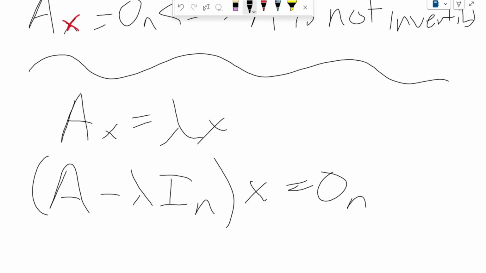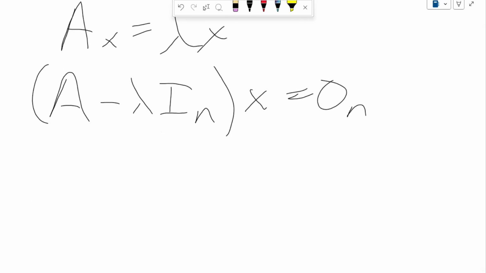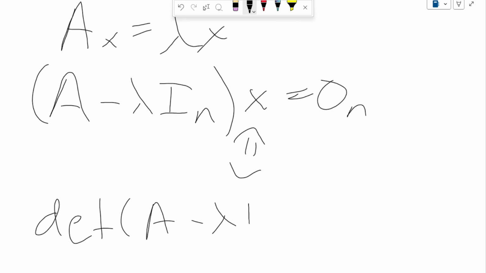But remember, we just showed that the determinant can be used to determine, that's why it's called the determinant, if the null space equation has a non-trivial solution. In particular, this has a non-trivial solution if and only if the determinant of this matrix here is 0.